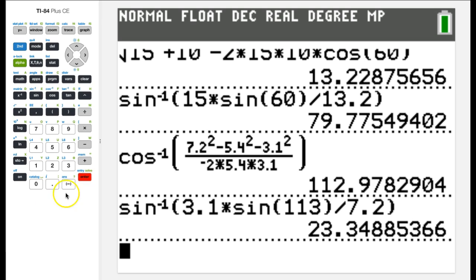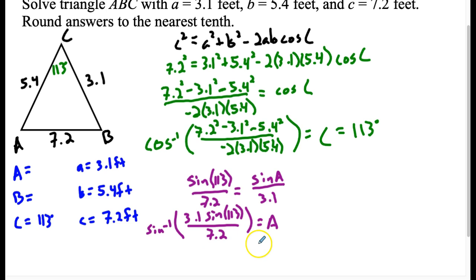We get about 23.3. So angle A is 23.3 degrees. And again, to find the final angle, we can just take 180 minus the two angles we know now, minus 113 minus 23.3, and that will get us 43.7.